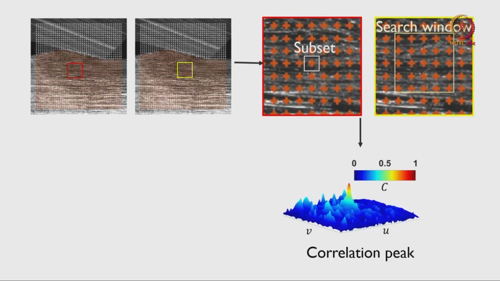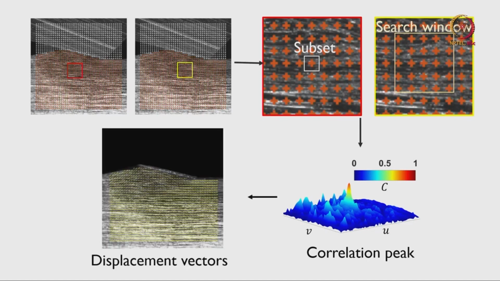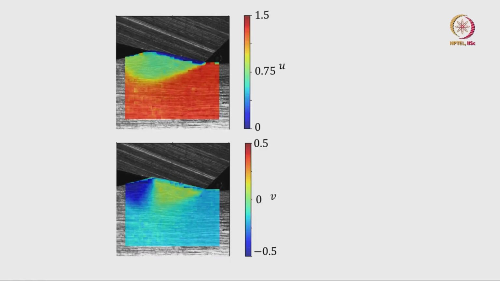Once we have this search grid set up, we search for the correlation peaks or valleys, based on what definition we are using, iteratively, and then get the final deformation fields. In this process there were some issues that we briefly mentioned last time in the lecture.